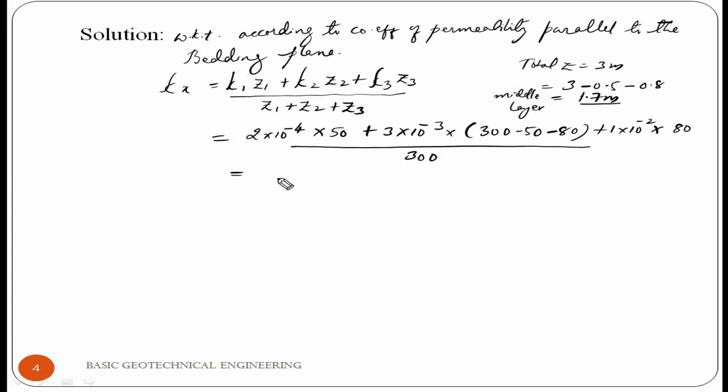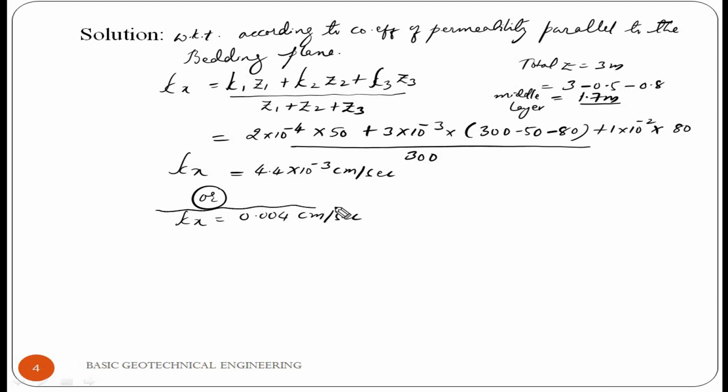If you calculate, it will come around 4.4 into 10 to the power of minus 3 centimeter per second, or Kx is equal to 0.004 centimeter per second. So this is the average permeability parallel to the bedding plane.